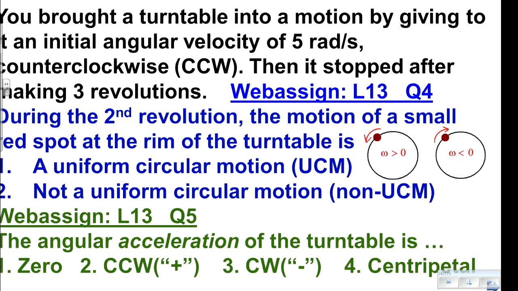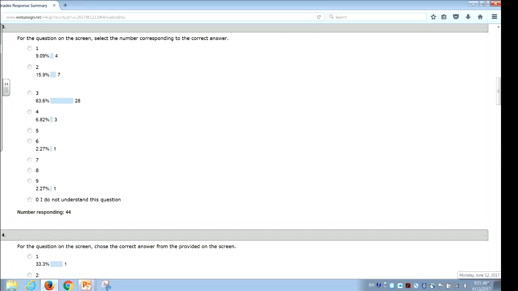Depending on your choice, you should make a correct choice there. So please. Okay, I'm going to check WebAssign, and then I'm going to get back to this slide.